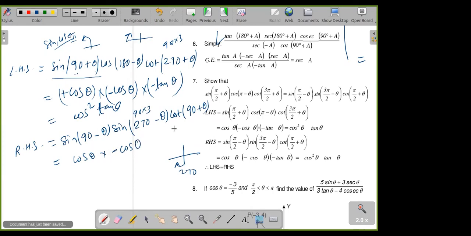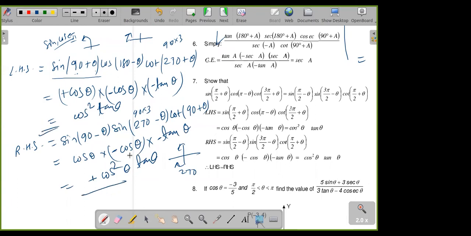Cot 90 plus theta changes to tan, and in the second quadrant tan and cot are not allowed, so it will be minus. So it will be minus times minus, giving cos square theta tan theta. So it is proved.